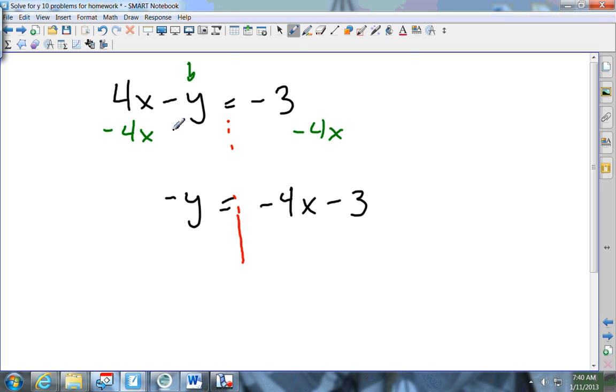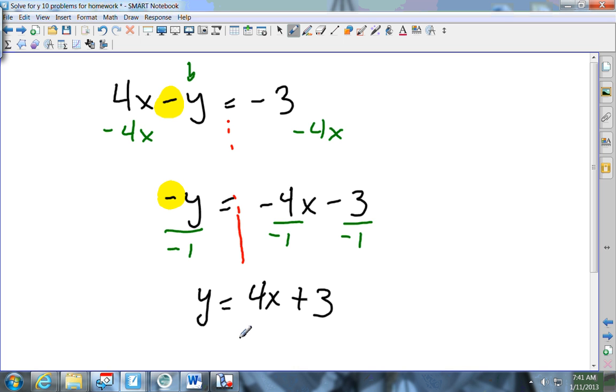This is what people forget to do. They forget about this negative and they drop it off, but you can't. Because right now I've got to divide everything by negative 1. And I get y equals, negative divided by negative is positive, positive 4x plus 3.